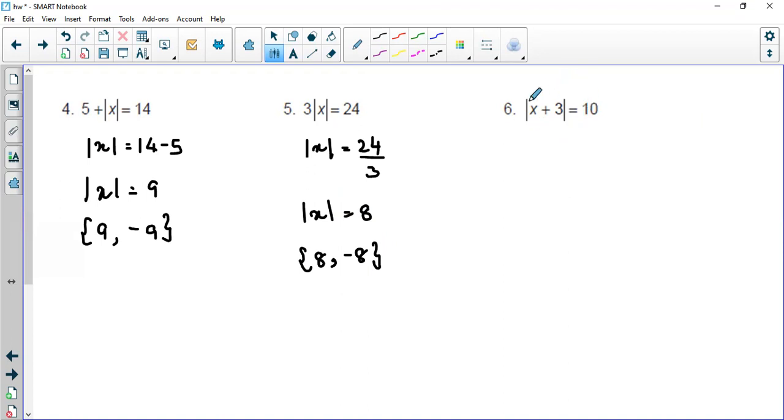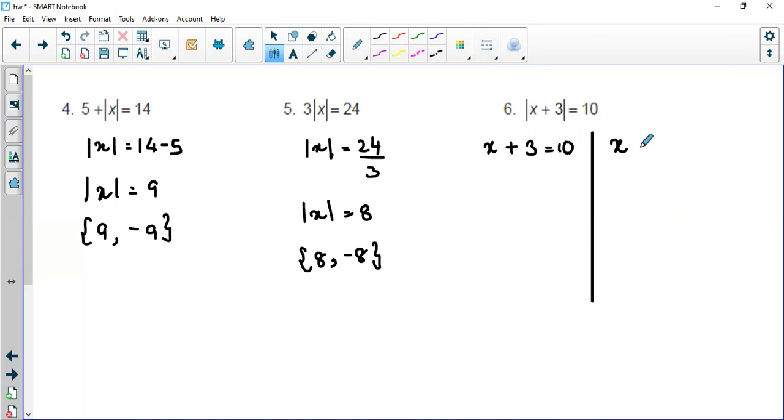Now here we don't have any number around the absolute value. So all we need to do is give the two possibilities, right? So let's draw the line and then say that one side is x plus 3 equals 10.